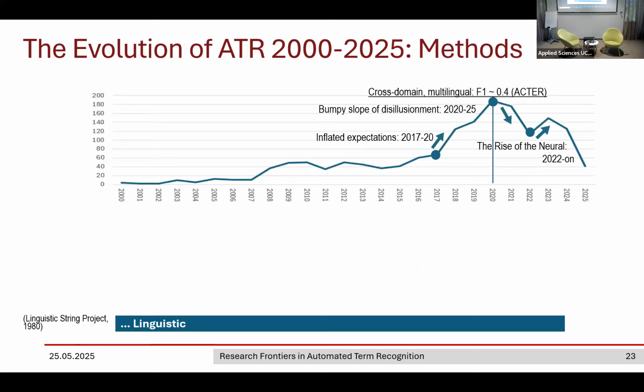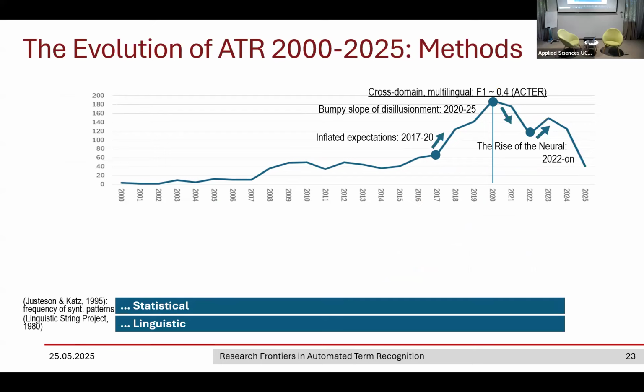So let us now look at the evolution of different families of methods. Well, the adventure started at around 1980 with the Linguistic String Project somewhere in the US. And it gave birth to the linguistic family of methods. Then there was the invention of the statistical approach, which has been based on analyzing the frequency and syntactic patterns.